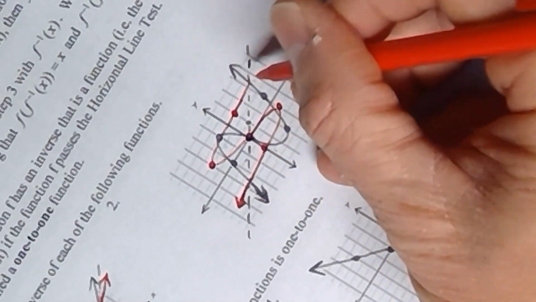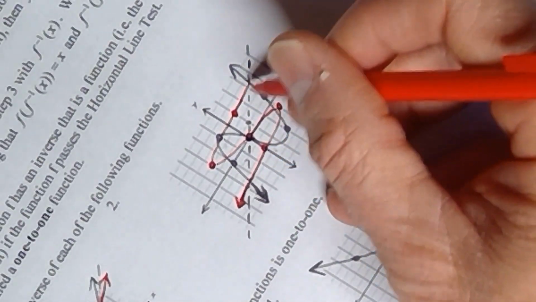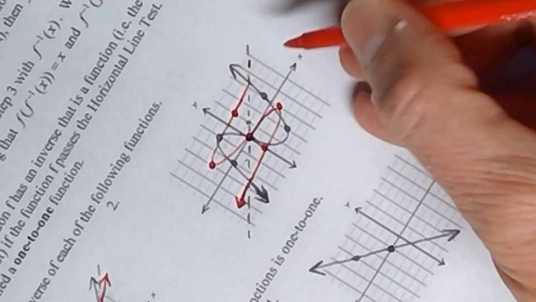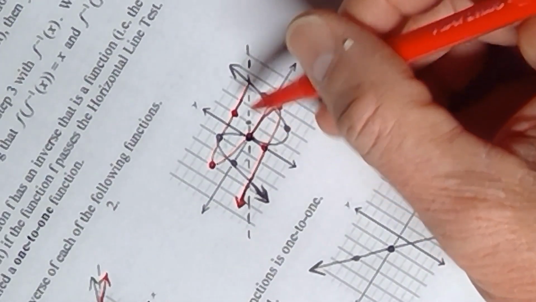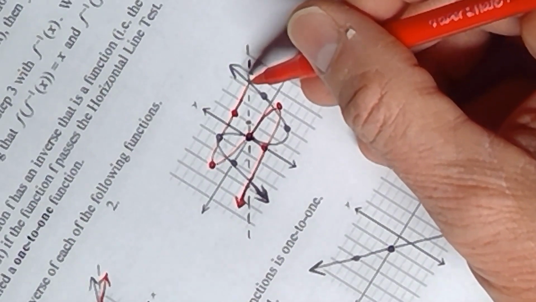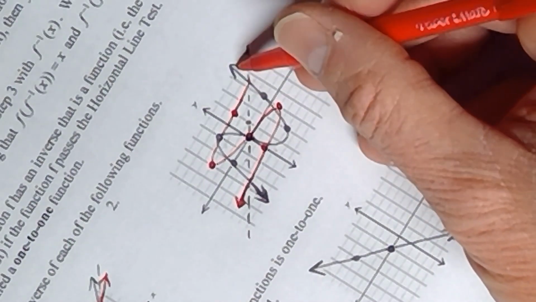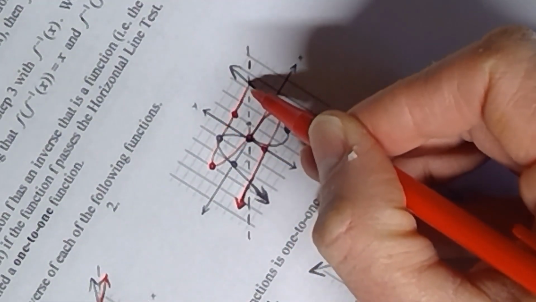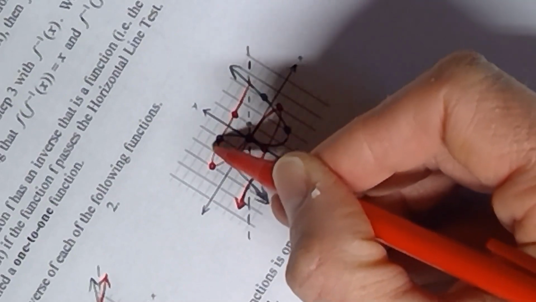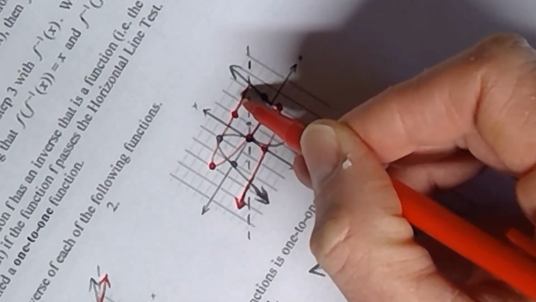Notice also that the original graph and the red graph are always going to intersect each other right on the dotted line. So wherever the original graph hits the dotted line, the inverse graph will always hit it at that same spot too. So I knew that it was going to hit right there, and I knew it was going to go through these points that I already plotted, and that helped me draw this red shape right here.